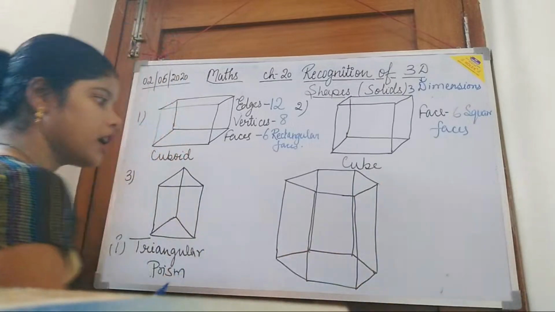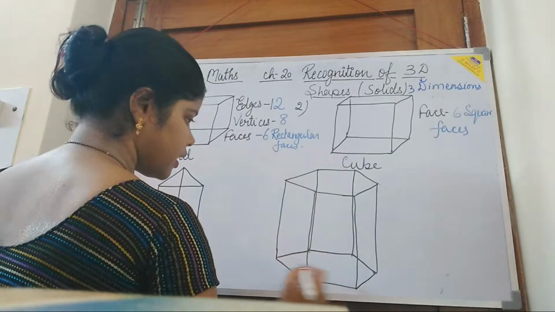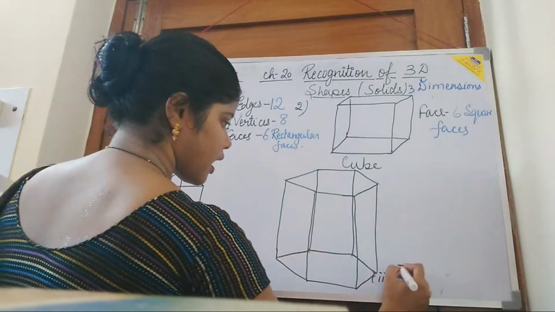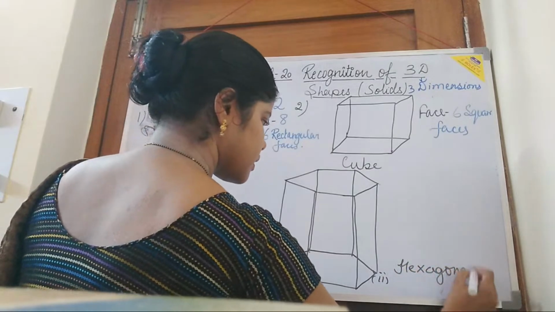This one forms a hexagonal prism. So the second one is hexagonal prism.